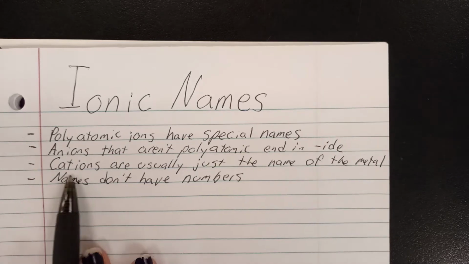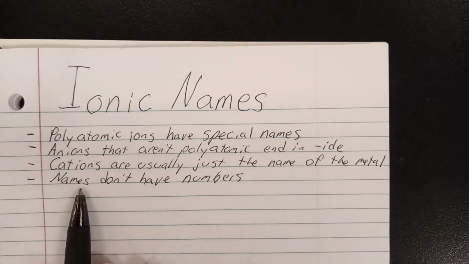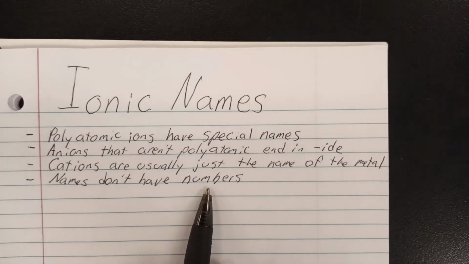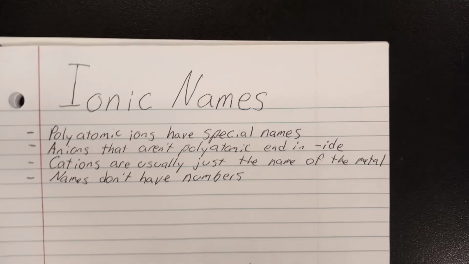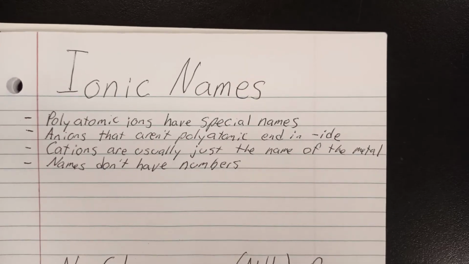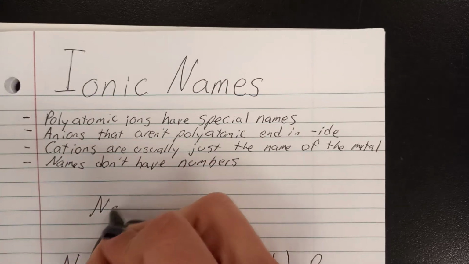And then we need to know that the names we're going to give these do not have any numbers in them. The only time you would see any kind of number in a name is if it's a Roman numeral, which again, we're not going to deal with in this lesson. We'll learn that in the next one. The simple answer to how do I name an ionic compound is: name the 2 ions.